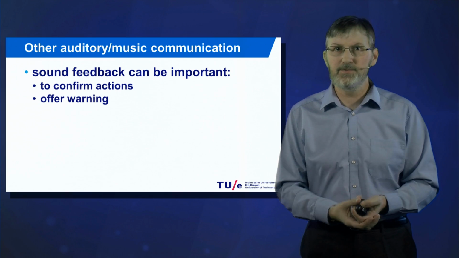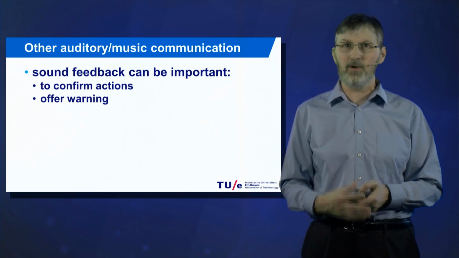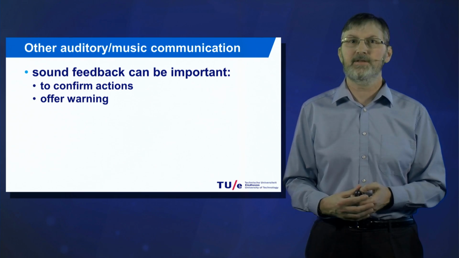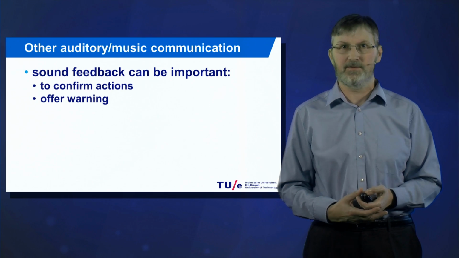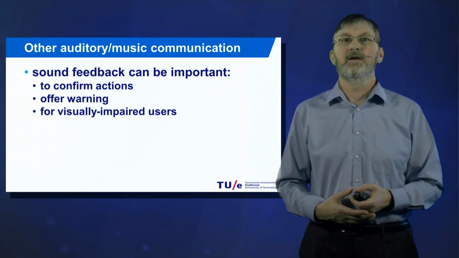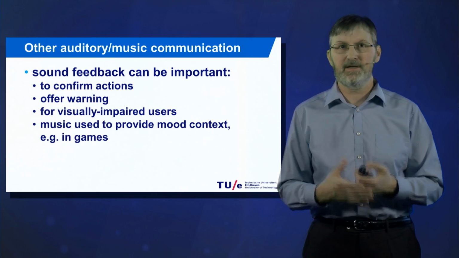It can also be used to offer warnings. We are quite good at reacting to a doorbell that rings. Right? It doesn't have to be a spoken message that says there is someone at the door. Right? It's useful for visually impaired users.